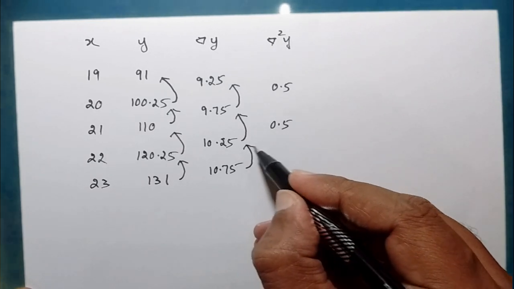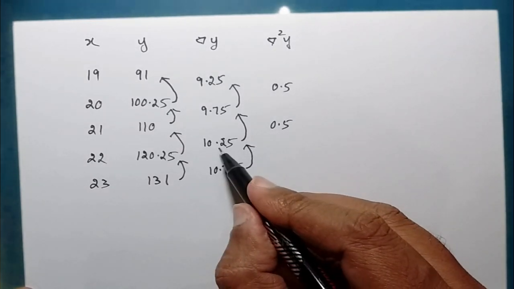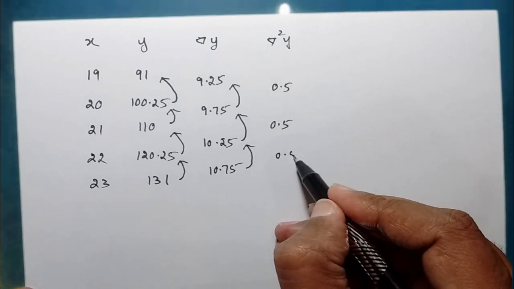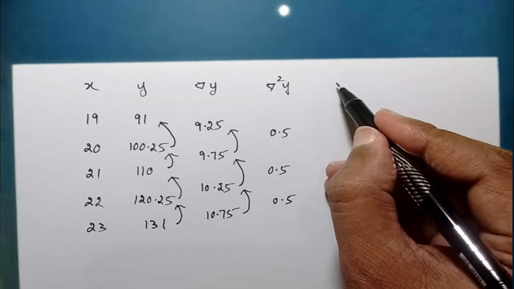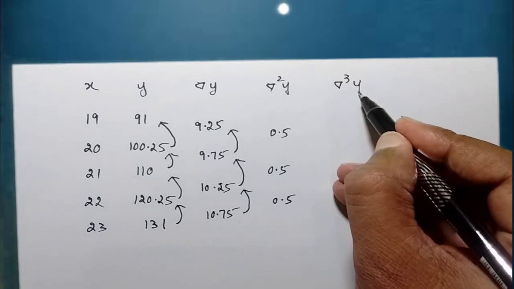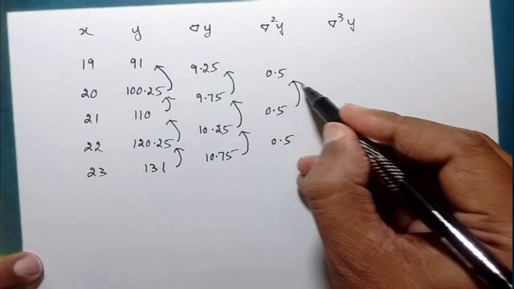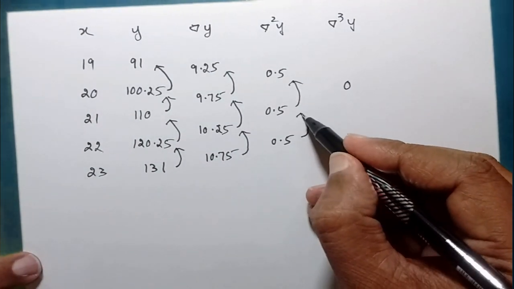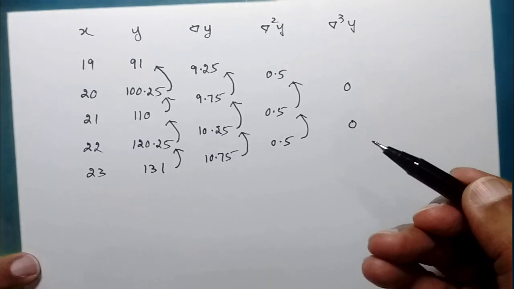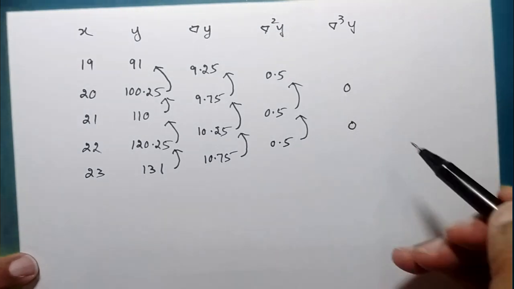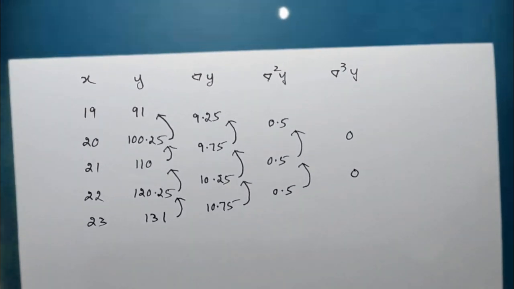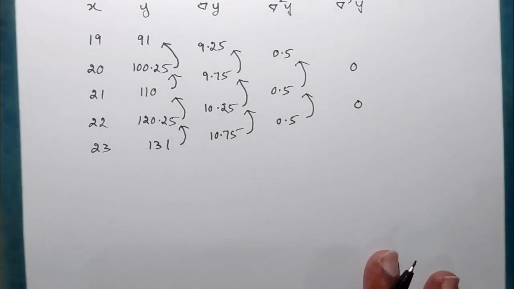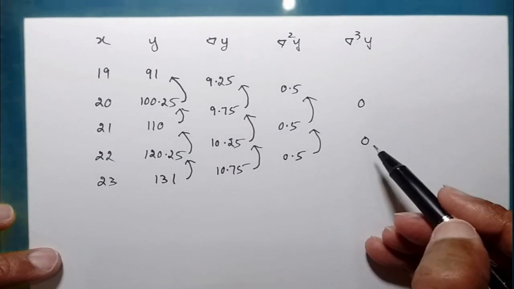Again this difference, 10.75 minus 10.25. You're getting 0.5. Go for the next difference. 0.5 minus 0.5, its value will be 0. 0.5 minus 0.5, its value will be 0. So once you get 0, you can stop the process. You will not proceed further. Since I have got 0 values, I'll stop it.